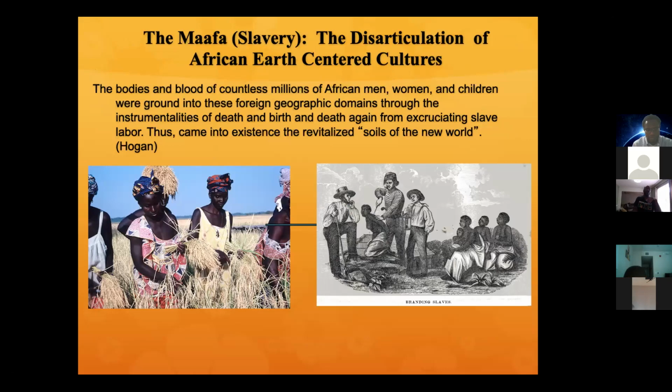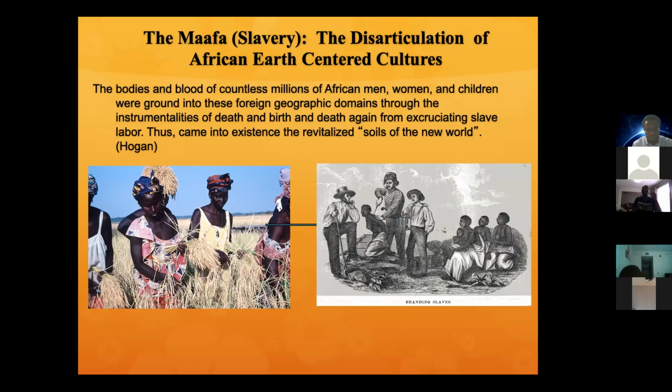So we reflect on this in the class. Then we talk about slavery, as we should, but we talk about it in a different context. We use the term maafa, which is a Kiswahili term for great disaster, right? That's a way to look at colonialism and slavery.